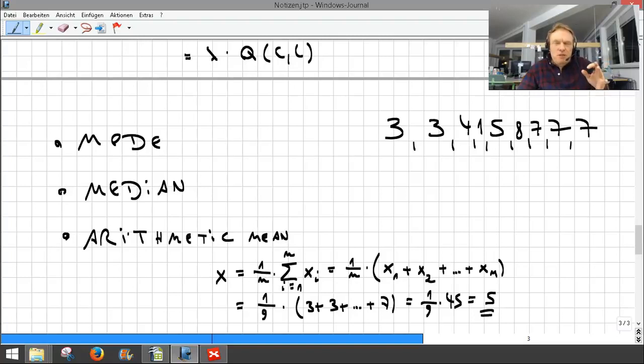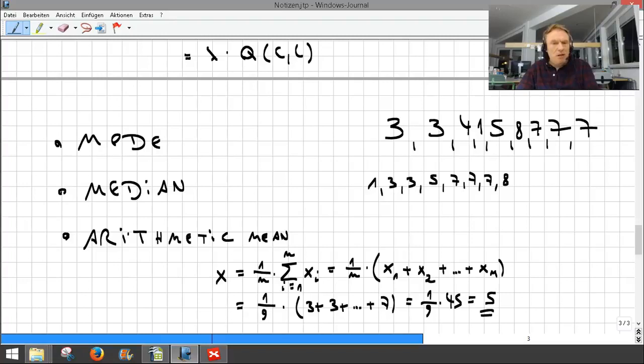We first need to put those numbers into order, starting from the very smallest number and going up to the largest one, or the other way around, starting with the largest number and going down to the smallest, which would be, in this case, 1, 3, 3, 5, 7, 7, 7, and then the number 8.